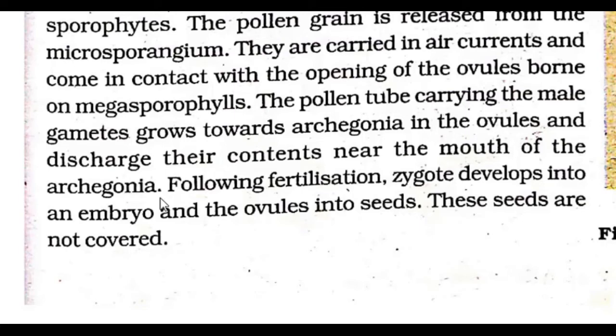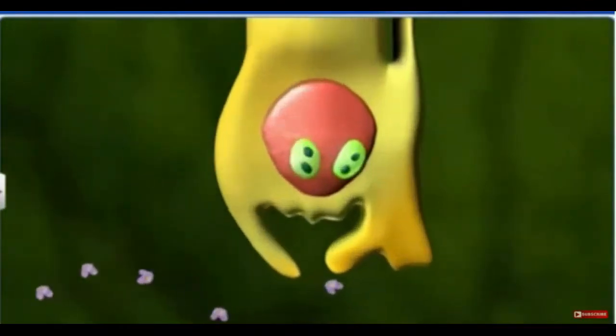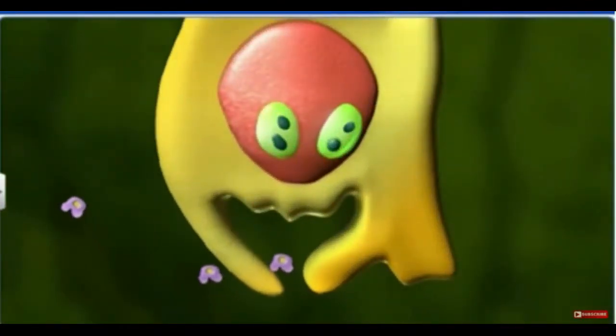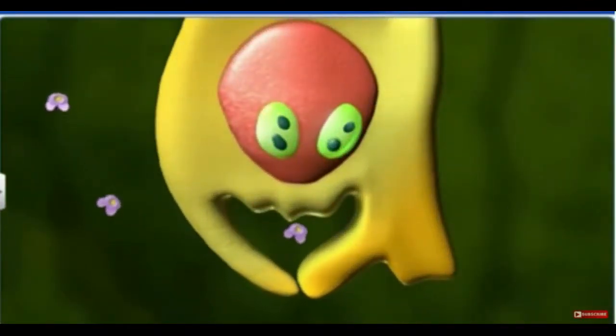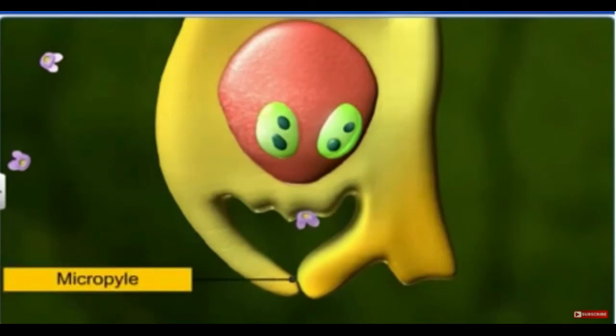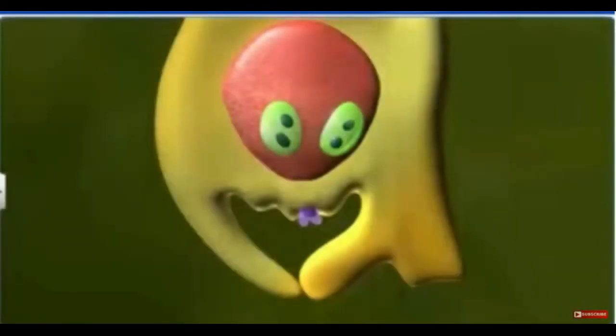Fertilization. So once again, the pollen tube carrying the male gametes grows towards archegonia in the ovules and discharges its contents near the mouth of the archegonia. Following fertilization, zygote develops.